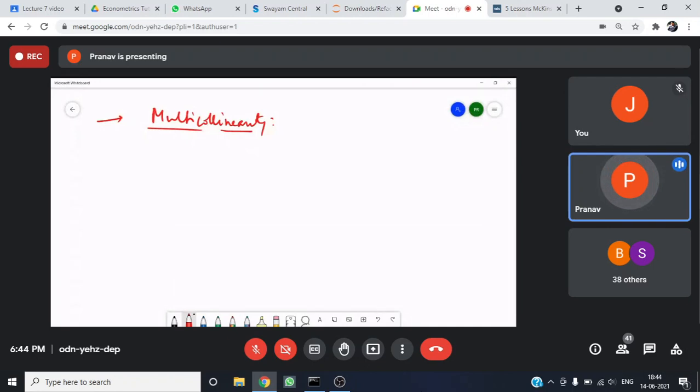Because what you're trying to do is estimate a causal relationship between a variable which you call a response variable and several variables which you define as explanatory variables. So these variables tend to be correlated because you have taken them out of the same population. The problem only happens when they are perfectly collinear with each other.